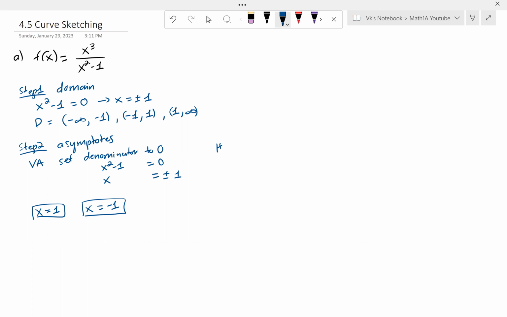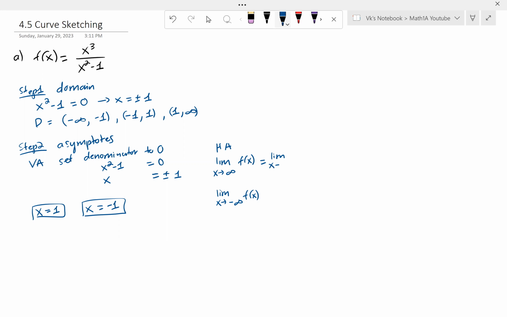For the horizontal asymptote, we need to find the limit as x goes to infinity of f(x), and also the limit as x goes to negative infinity of f(x). This is a rational function, so we just have to take the quotient of the leading terms in the numerator and the denominator.